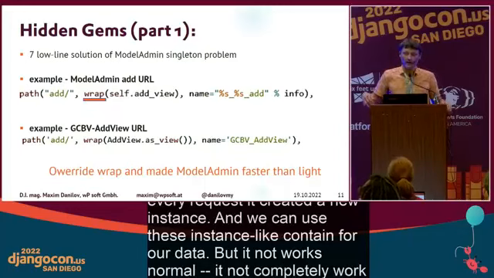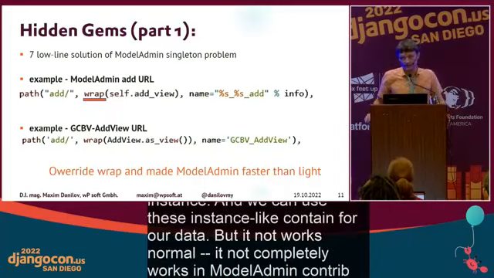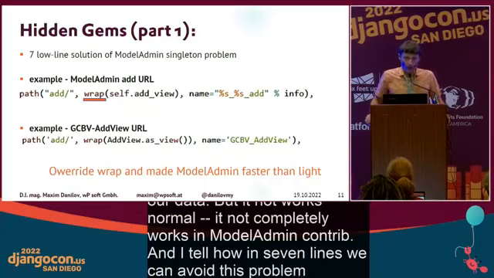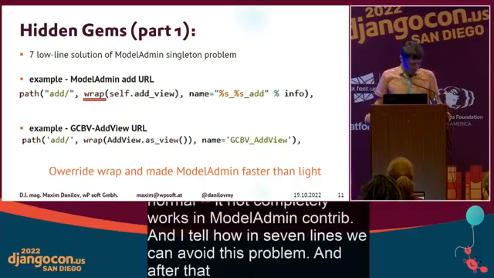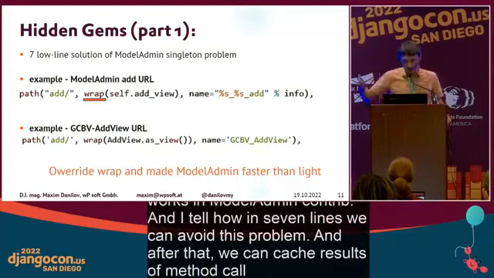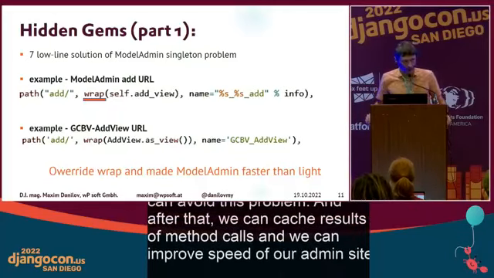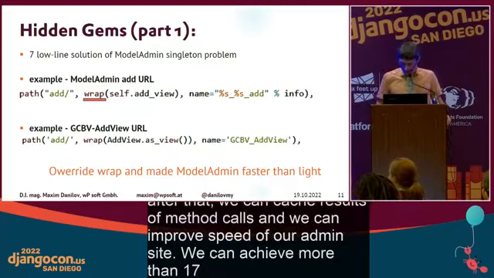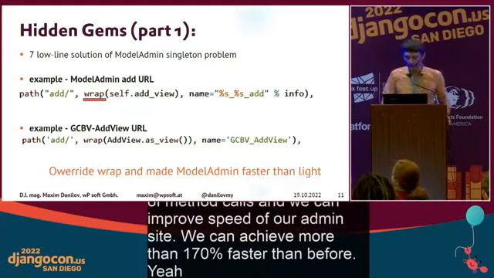I told how in 7 lines we can avoid this problem, and after that we can cache results of method calls and improve the speed of our admin site. We can achieve more than 170% faster than before. Yeah, we can make model admin faster than light.